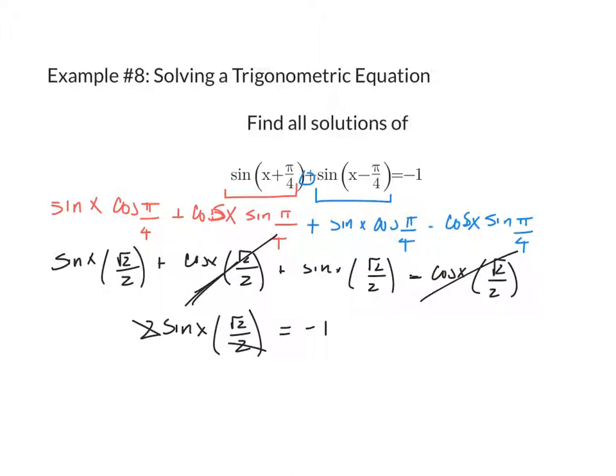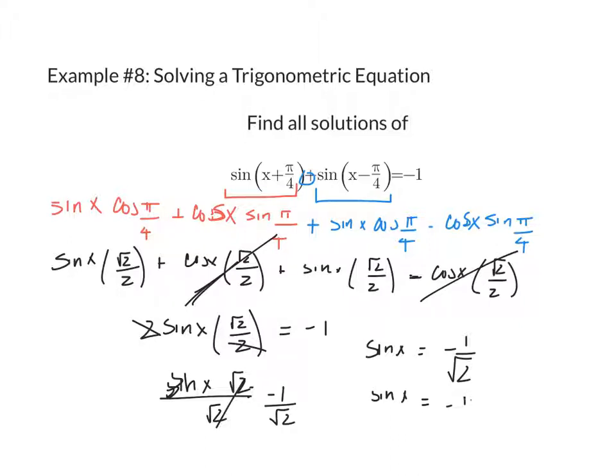So we're left with sine x times square root of 2 equal to -1. If we just want sine x, we divide by square root of 2 on both sides. So we're left with sine x equal to -1 over square root of 2. We usually don't leave it like that, so we're going to rationalize. And it's going to leave us with sine of x equal to negative square root of 2 over 2.